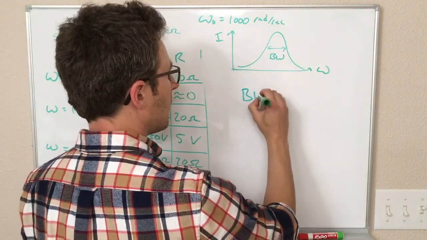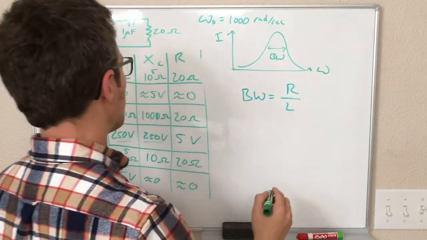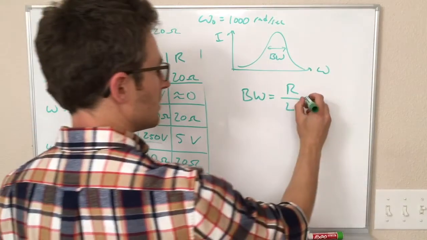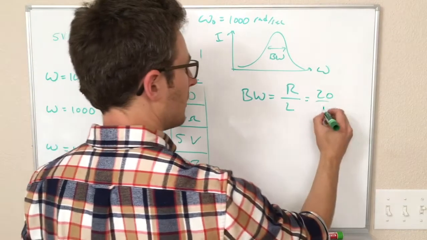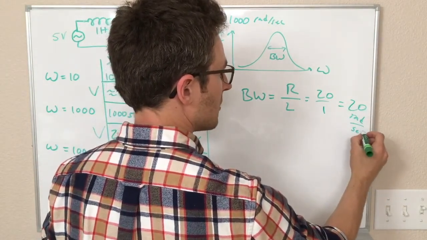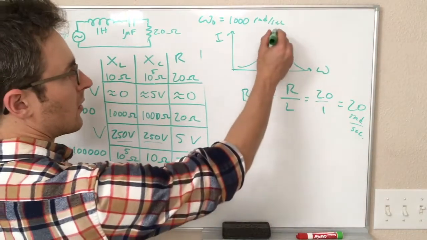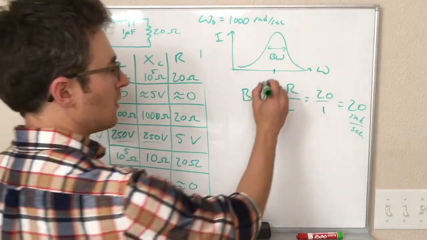R over L here. So R is, of course, 20. L is our 1 Henry. So the bandwidth is 20, and the units of that are radians per second. Remember, the center was 1,000 radians per second.